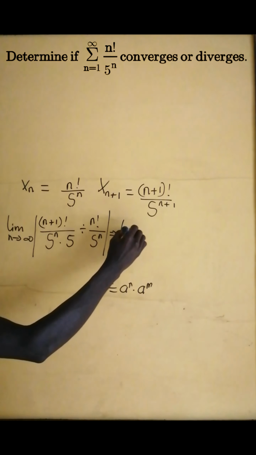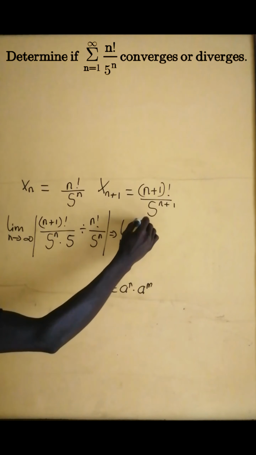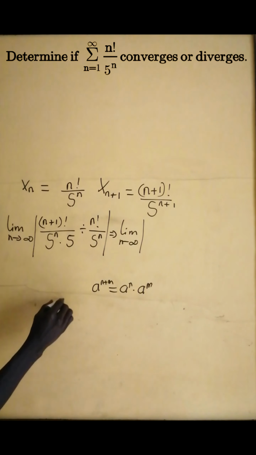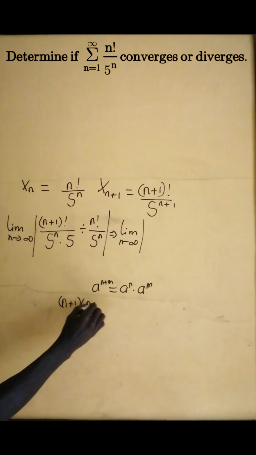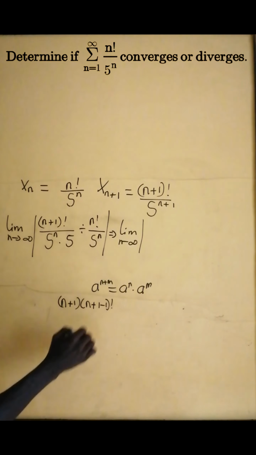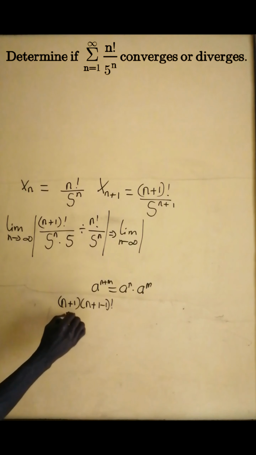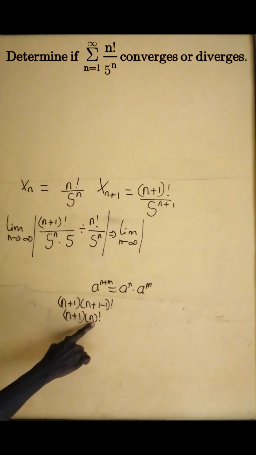This implies that we have the limit as n approaches positive infinity of the absolute value of, now n plus 1 factorial is the same as n plus 1 times n plus 1 minus 1, all factorial, and 1 minus 1 is 0. So we'll be left with n plus 1 times n factorial.